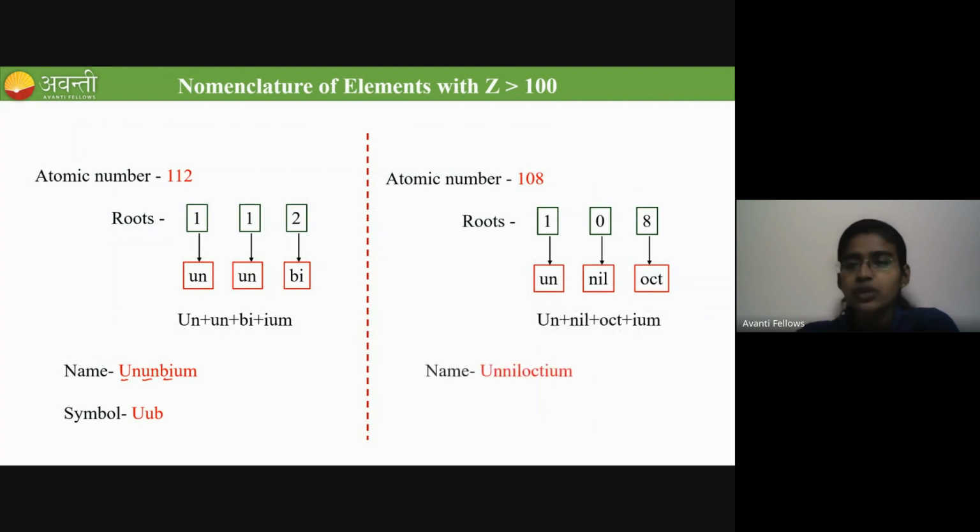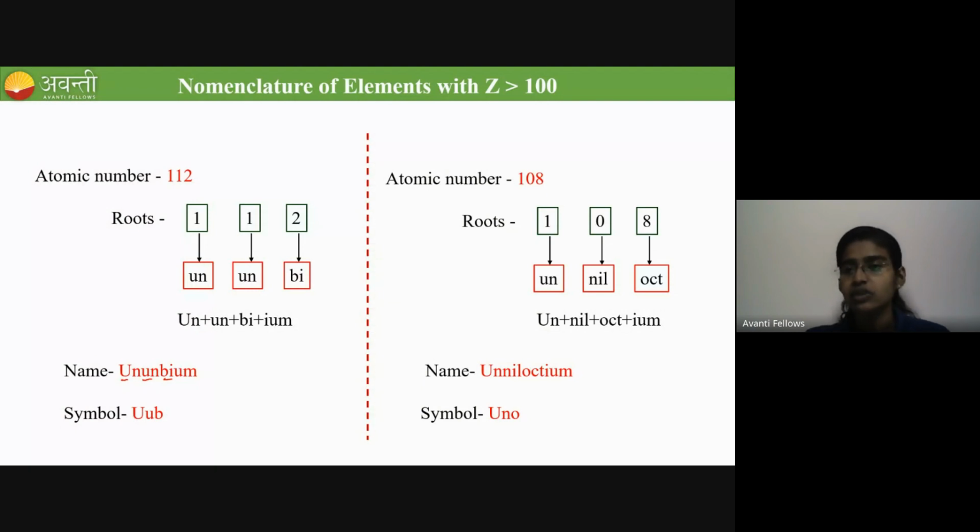The name of the element is unniloctium, and the symbol from the abbreviations is U, N, O. Got it? Very easy, you just have to memorize the table. For 9, it is enn, not non like in organic chemistry. Here you have to use enn for 9.